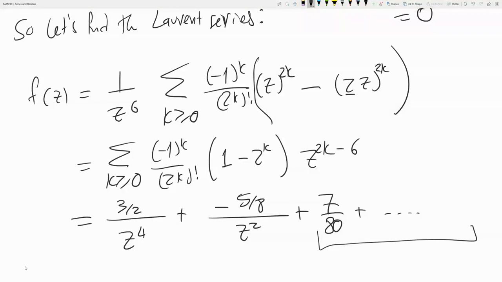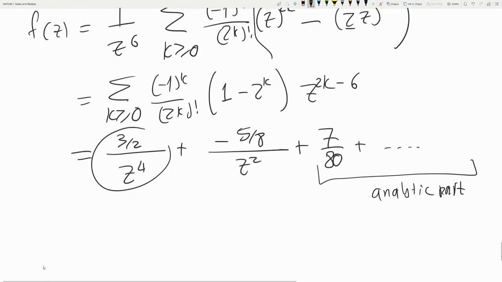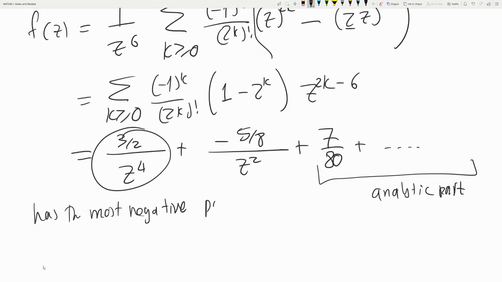So this is the analytic part. All right. So then you just stare at the series and you see that this guy has the most negative power.